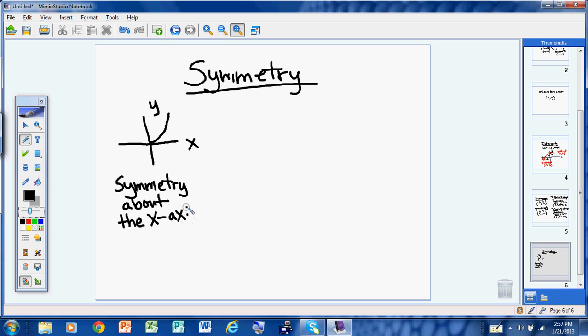And so if the x-axis is the mirror, then the green will represent what the symmetric graph would look like. Okay, so then what is that telling me? If it's symmetric about the x-axis, what do the points look like?